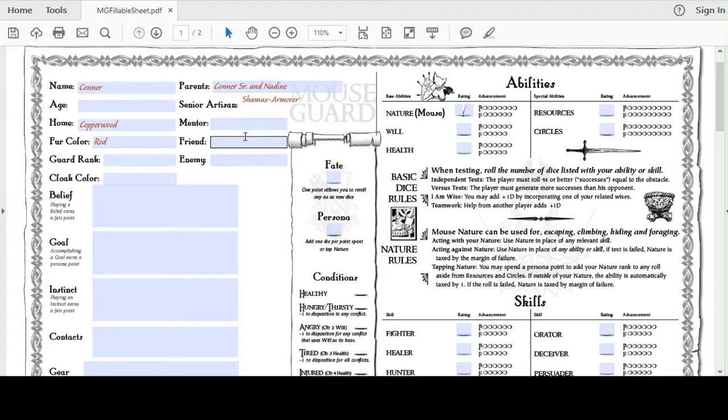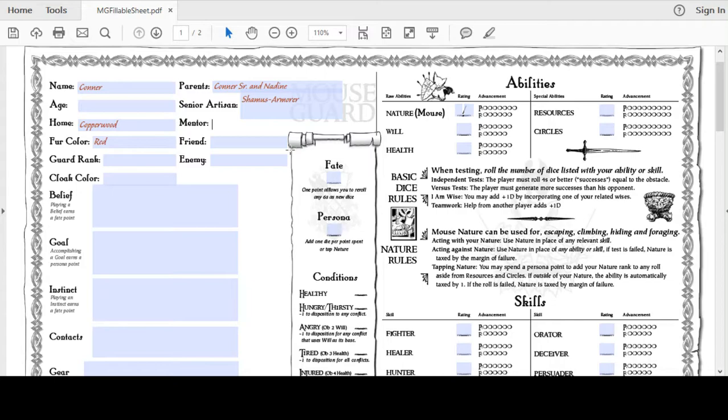All right. So in the town of Copperfell, this red-furred mouse Connor, when he was initially accepted into the Mouseguard, was sent to an armorer to learn a trade for two seasons. Okay. So again, you can see how the backstory is coming into play here.